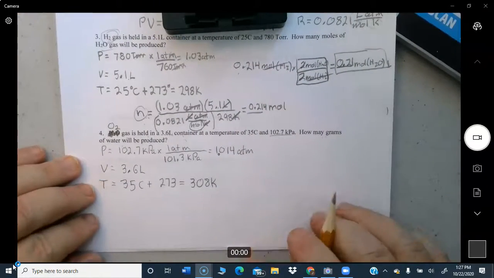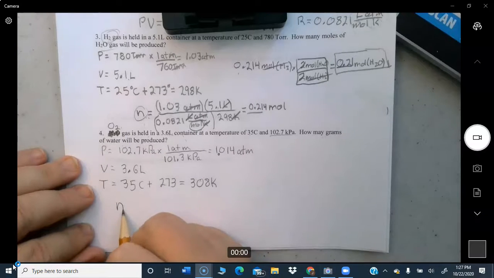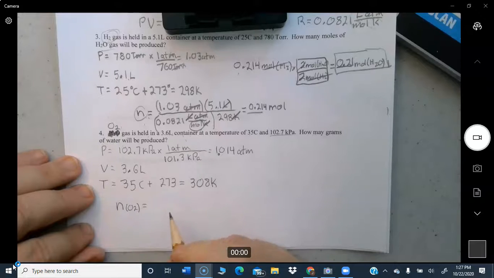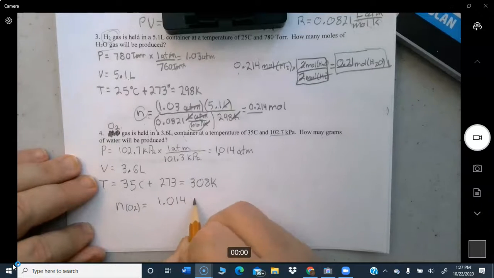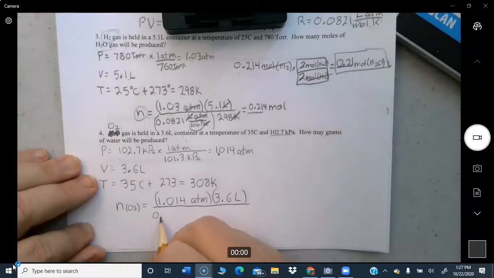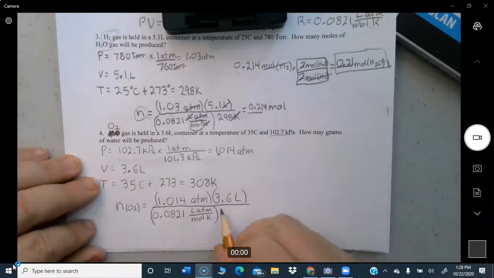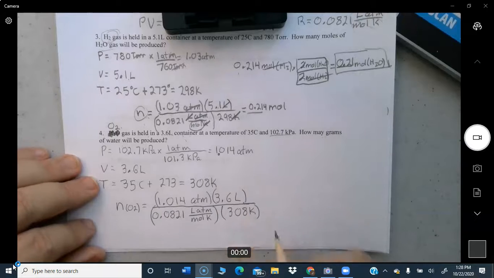First of all, we're figuring number of moles of O2. Okay, so N, and I can put in parentheses O2 there, equals pressure. Okay, so we'll figure out the number of moles here.